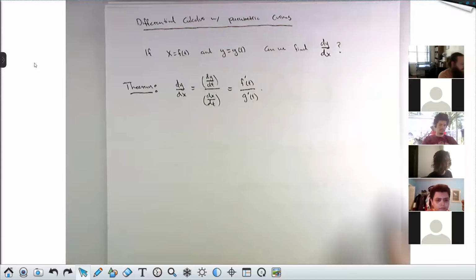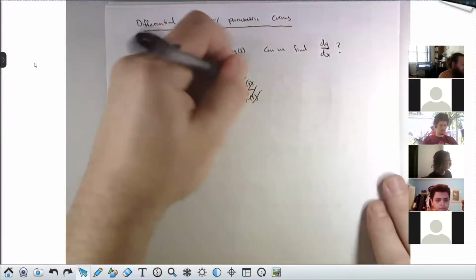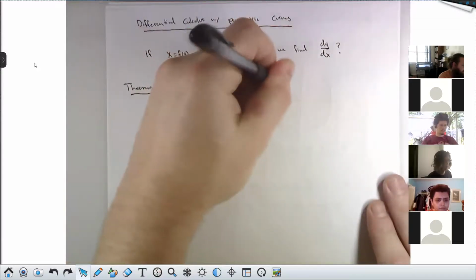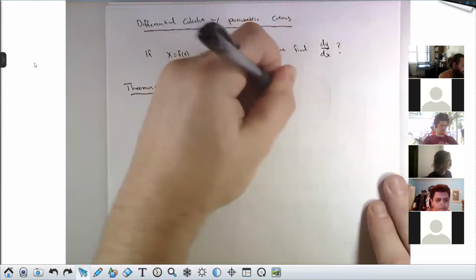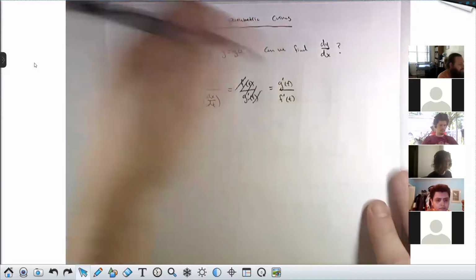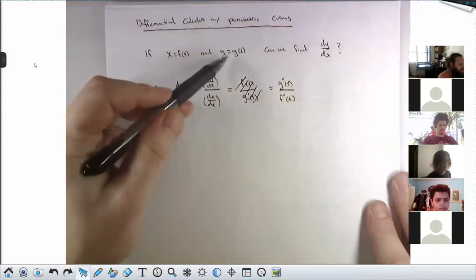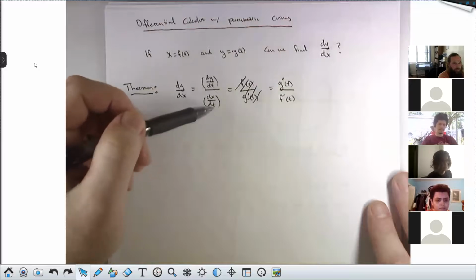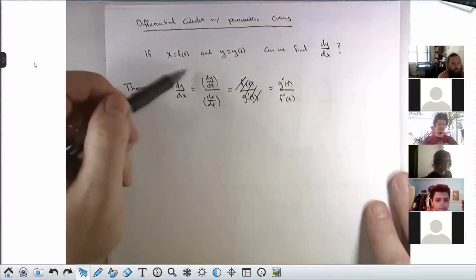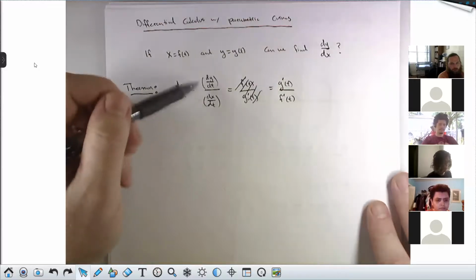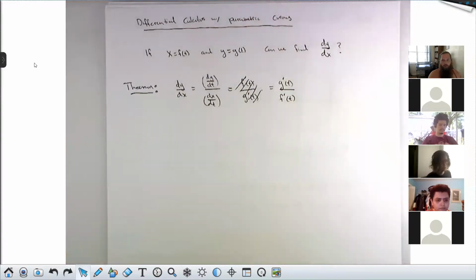I'm sorry, I had that flipped. You take the derivative of the y equation with respect to time, and you divide that by the derivative of the x equation taken with respect to time. You can kind of think of it like the dt's cancel, even though that's not really what's going on. But this is it. So if you want to find slopes of tangents, you want to find mins and maxes, you want to find locations of vertical or horizontal tangents, this is how it's done.